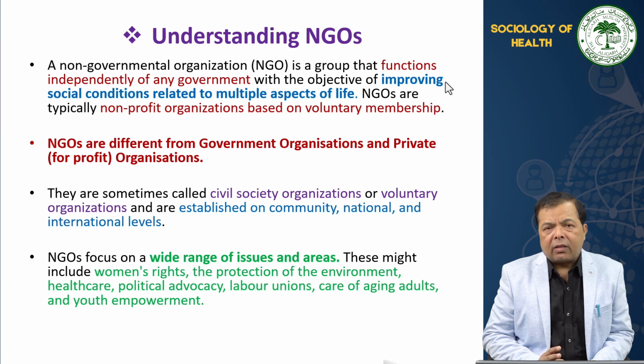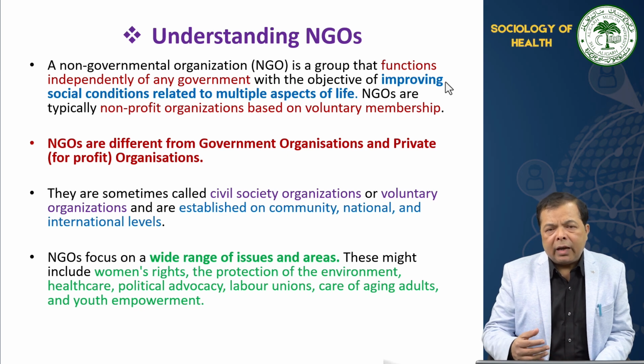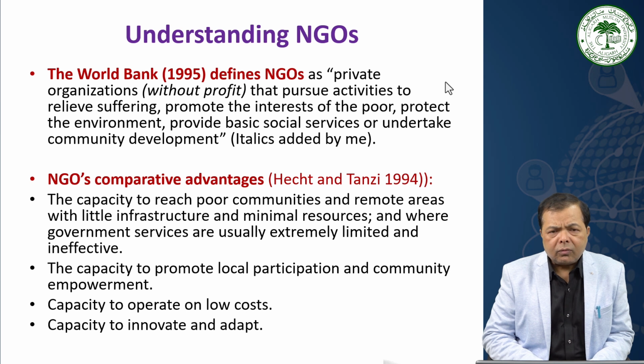But there is a difference. The difference is who are the members of that NGO and who are the beneficiaries of that NGO. So an NGO can earn some profit for the beneficiary as such, but not for the members who are working in that NGO. So that way we can understand the NGOs and its boundaries.